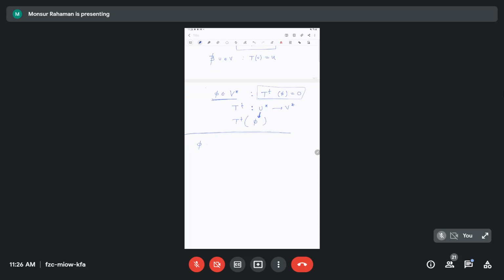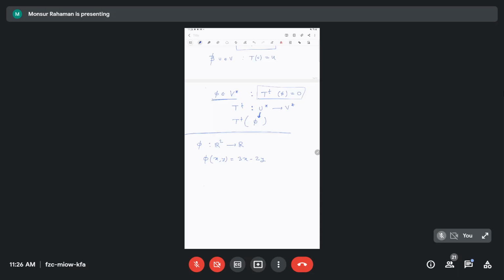So phi is a linear functional on R2, meaning R2 to R. This is a new problem, defined by phi of (x, y) equals 3x minus 2y.